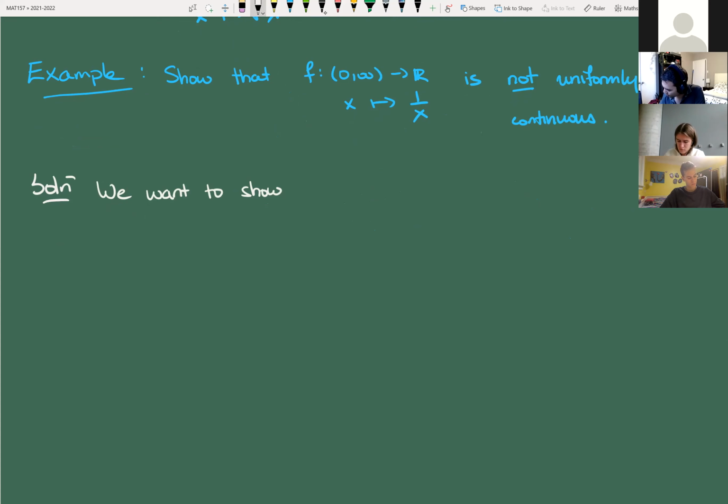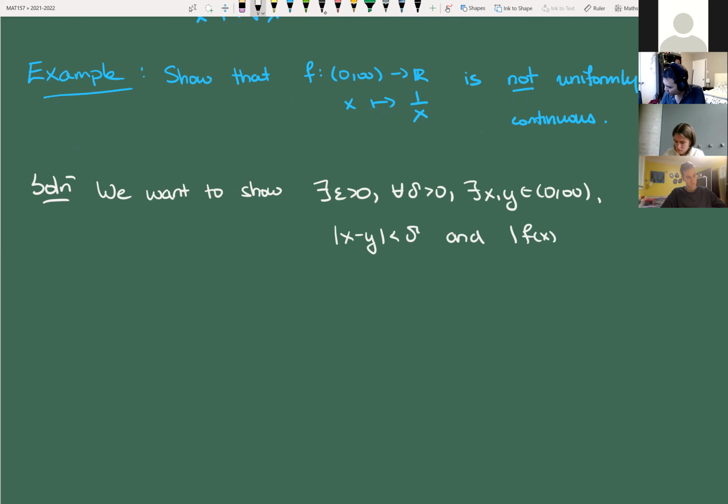So we want to show that there exists an epsilon greater than 0, such that for all delta greater than 0, there exist x, which I'm going to call y now, in 0 to infinity, such that |x - y| is less than delta, and |f(x) - f(y)| is greater than or equal to epsilon. So let's set epsilon to be 1. It's not going to matter, but let's just set epsilon to be the number 1 and let delta greater than 0 be given.